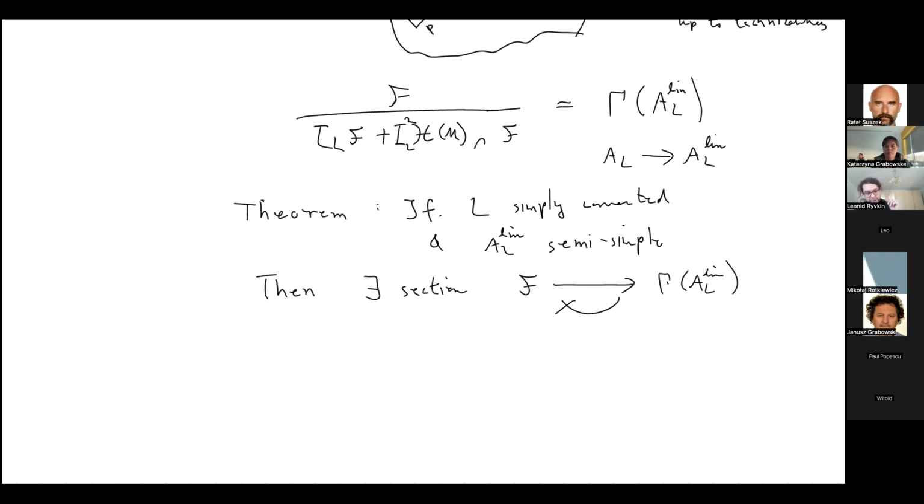And I'll finish with two disclaimers and an open problem. So technically, there is a little bit of technicalities to actually make this precise. And the second disclaimer is that the theorem which we have proven with Camille Laurent-Gengoux is that there exists a formal section.